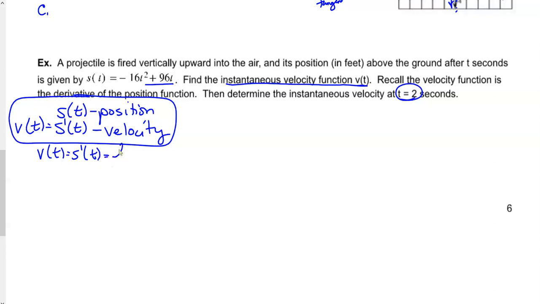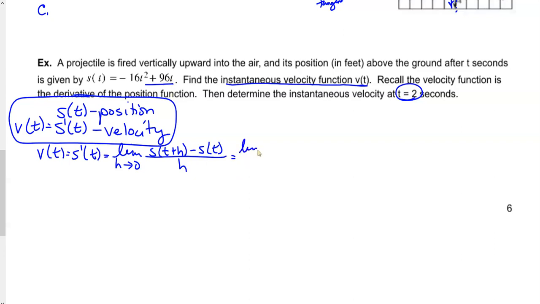So that is the limit as h goes to 0 of s of t plus h minus s of t all over h. That symbolizes what we need to do here from our definition. So that means plugging t plus h into my function.